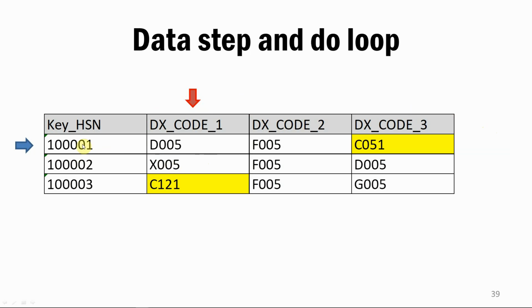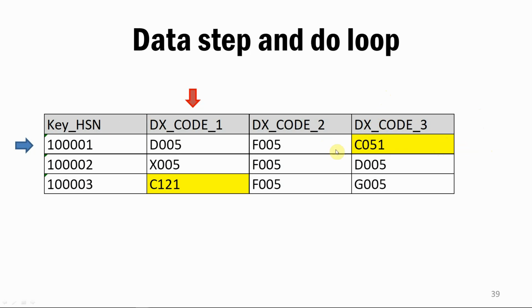For the first row, for example, by the time we check the third element in the array or the third column, we already find a cancer record. In that case, we're going to say that's good enough because we already found a cancer-related ICD code. For this same row, we don't have to proceed and check the rest of the columns. That's totally a waste of time, right?